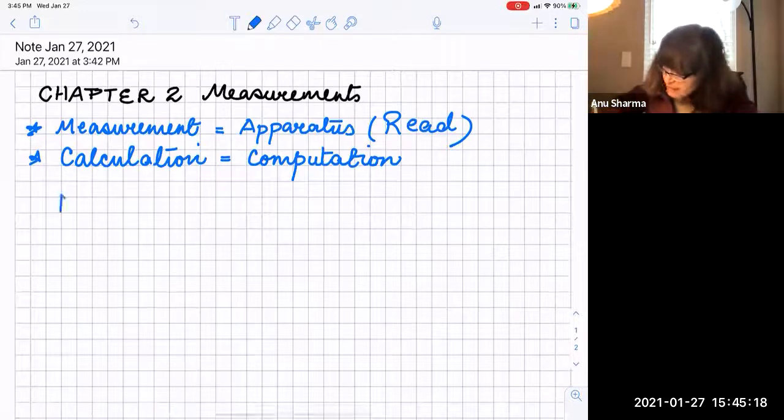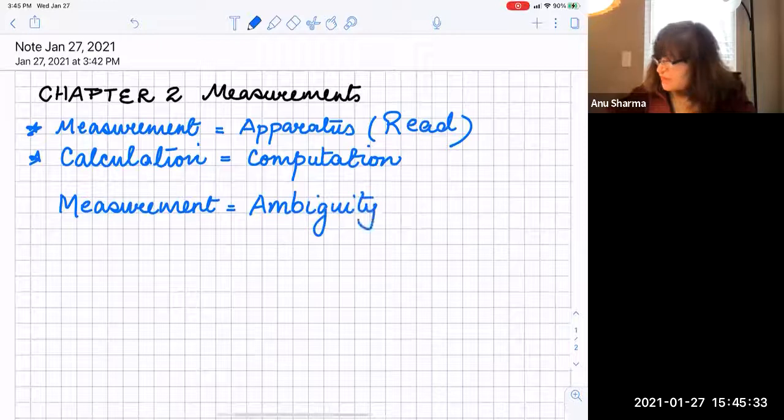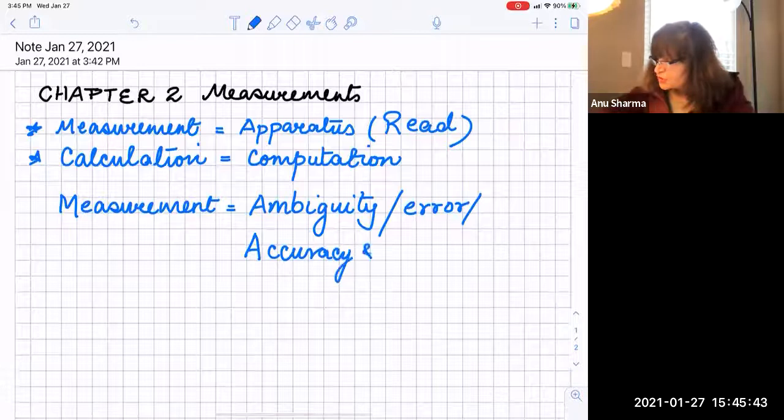Whenever you're doing measurements, there is a chance that you are going to introduce some kind of ambiguity. Ambiguity means that there are chances of some error. So there is a concept of accuracy and there is a concept of precision.